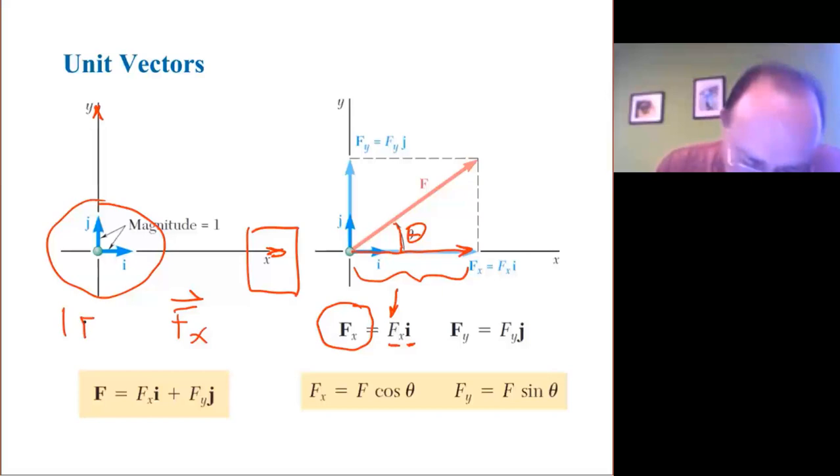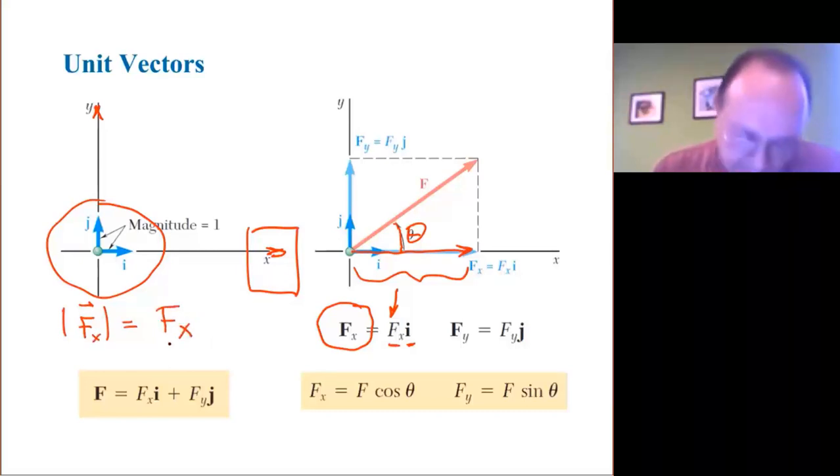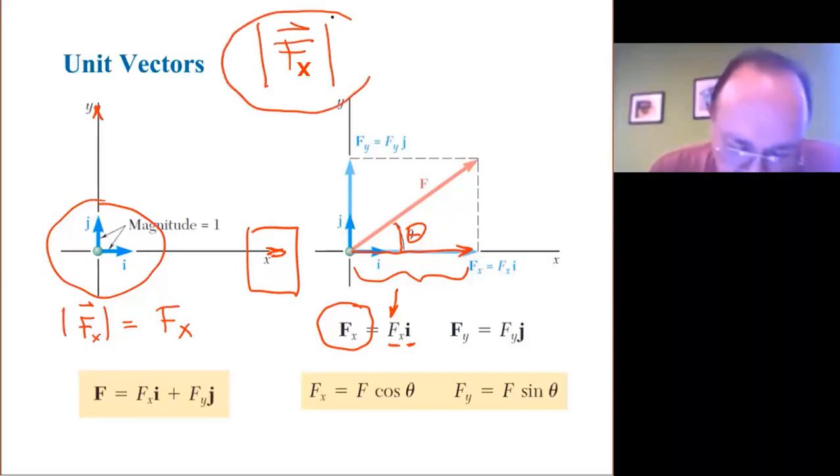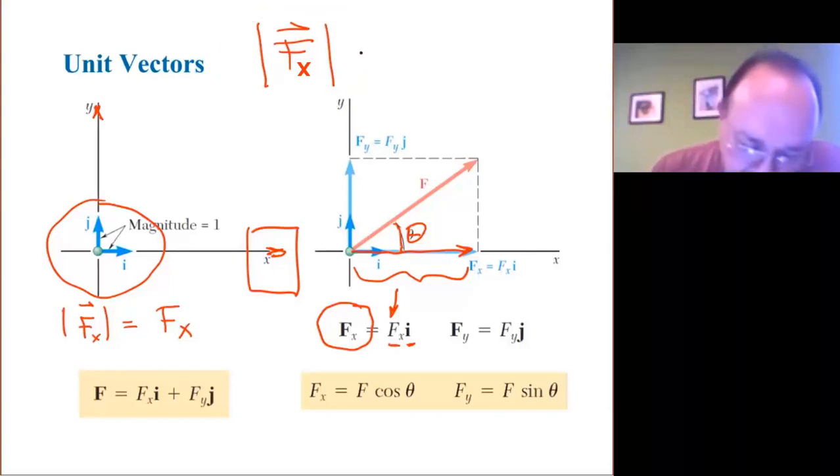I can write it in another way like this. The magnitude of vector Fx is equal to Fx. Another way to express the magnitude of a vector is to write the vector with the little hat and these bars, which means the magnitude of the vector. Another way is to just write the magnitude.